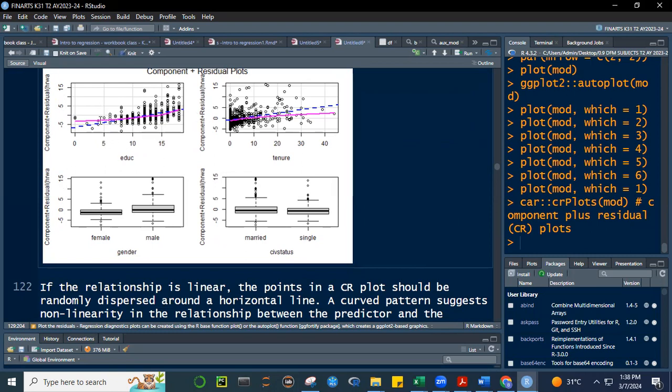Habang lumalaki education, tumataas yung values ng CR. Di ba? Okay? Si tenure parang reverse naman. Although may parang nagka-cluster sila dito, no? Si tenure.